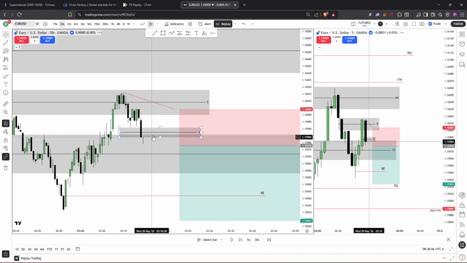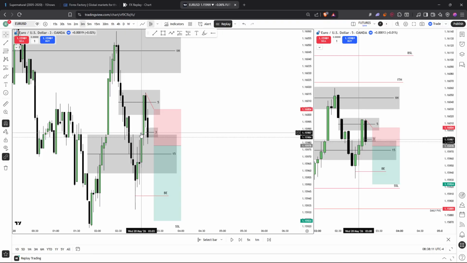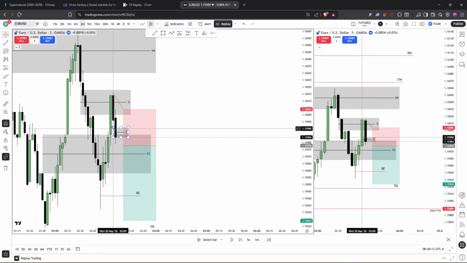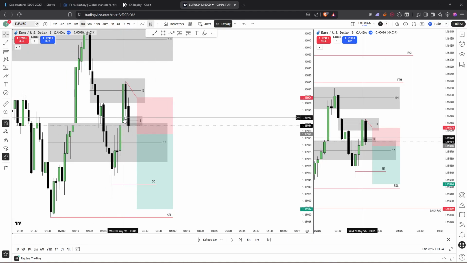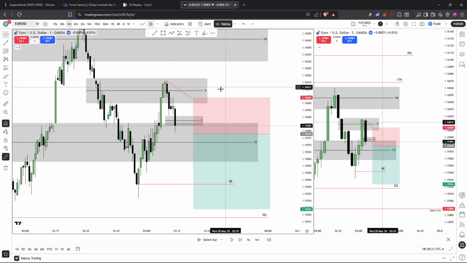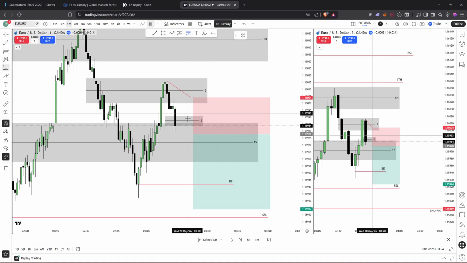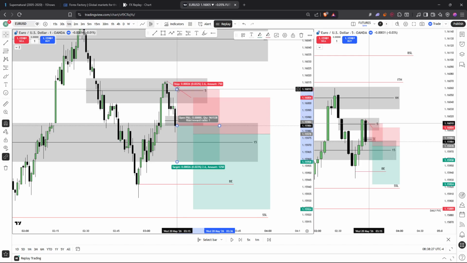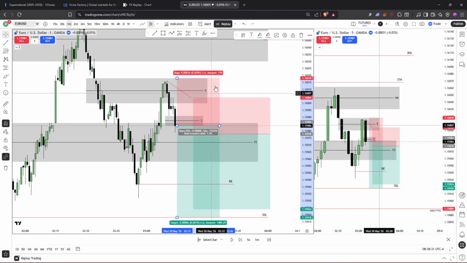I was expecting this 3-minute gap, which I changed to a bearish gap after the trade ran away. This 3-minute gap was marked out while I was trading, and once it got closed, I was supposed to take my entry here. This would have been the entry, stop loss here, target to the downside. This would have been the initial trade.